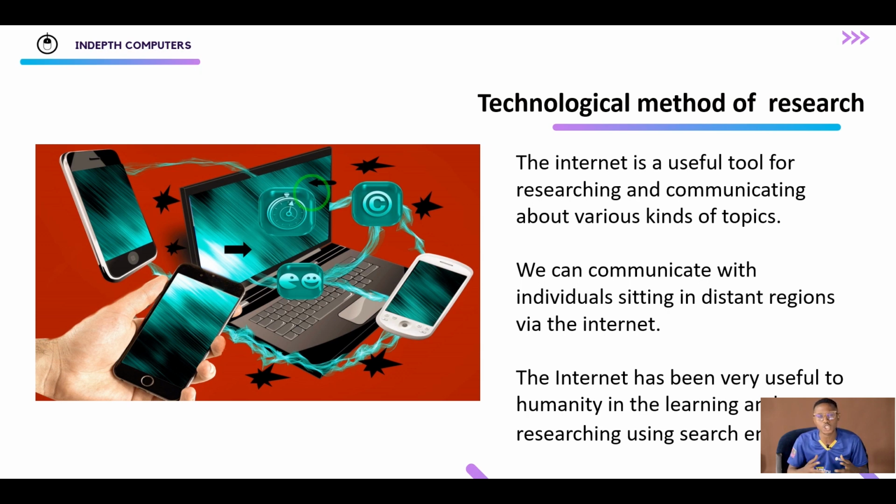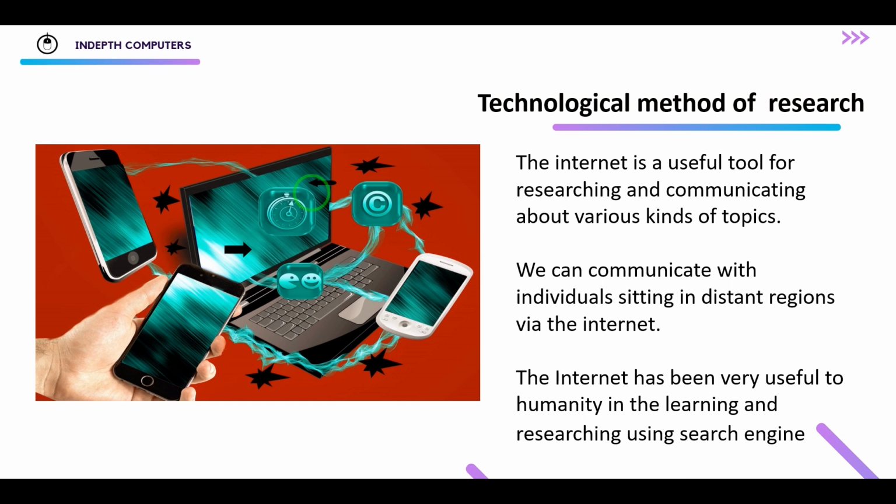There's nothing that you want to search for today on the internet that you will not find. Any topic at all, you can find it on the internet. You can sit in your home and communicate or get any kind of information that you want. That's how powerful the internet is. So we can communicate with individuals sitting in distant regions via the internet.